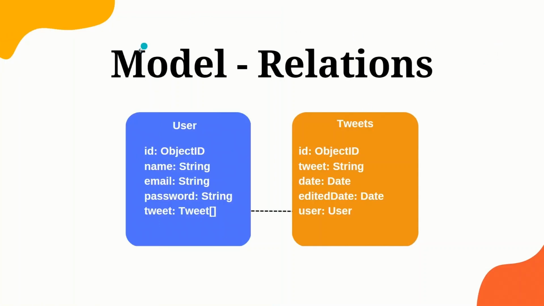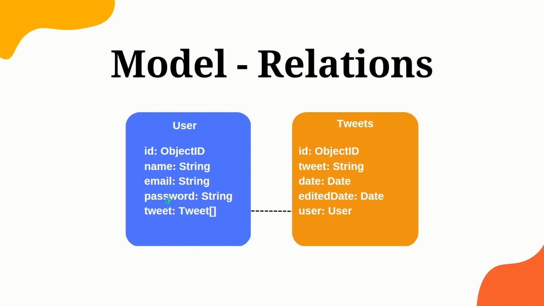So the relations that we have, you can see here we have the model relations. Inside the relations, first let's see the types. We have the type of the ID, that is the object ID, and here as well we have the object ID type. The name, the email, and the password are strings, and the tweet is a string. The date is a date. The edited date is a new date. Then we have the tweet. Tweet is an array of multiple tweet models.